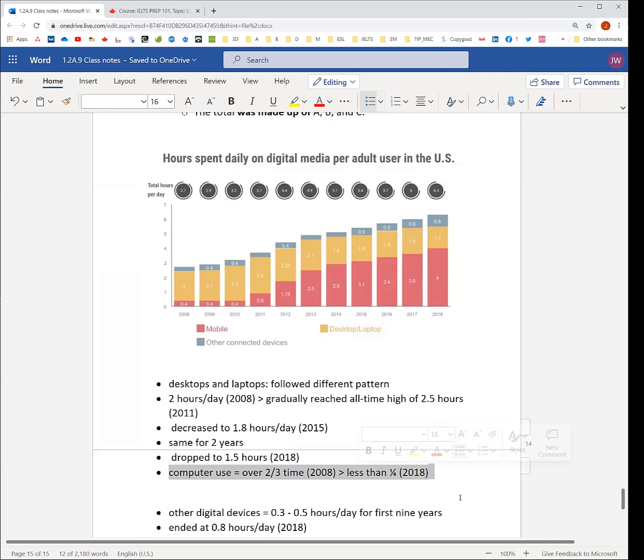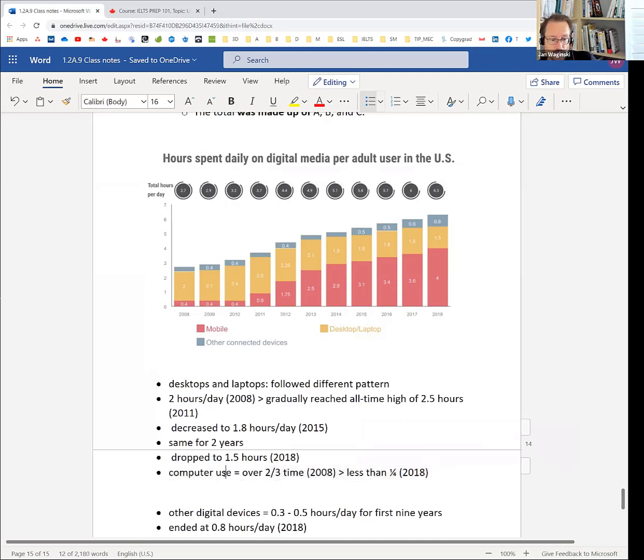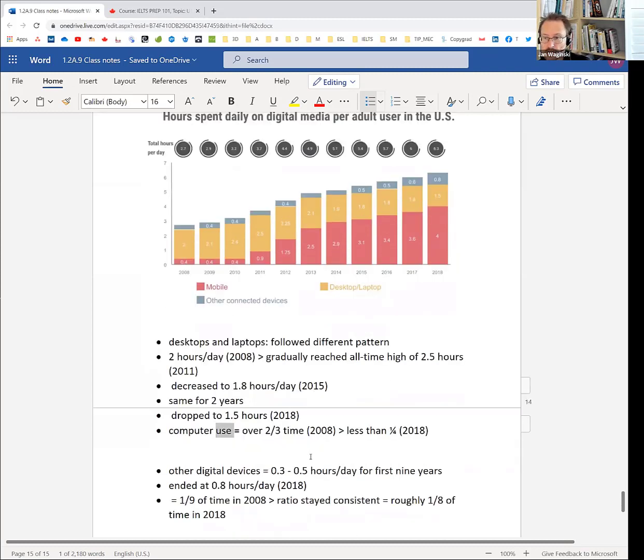Okay, computer use constituted over 2/3 of the time that Americans spent on digital media in 2008, and then dropped to less than 1/4 in 2018. Very good. Just don't call it computer users, but computer use. Because we're not talking about people, we're talking about time. Time, yes. Very nice. And then let's go with one more person.